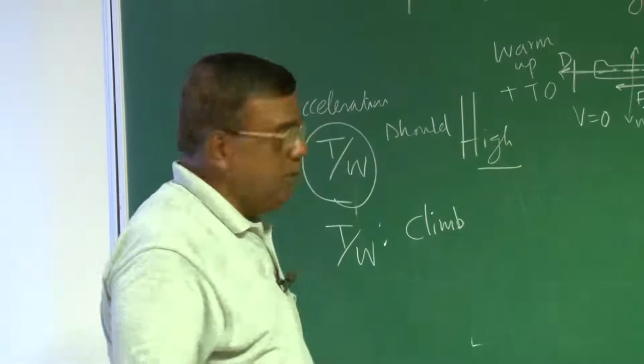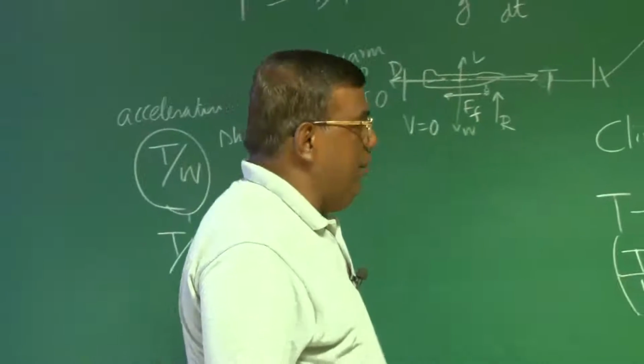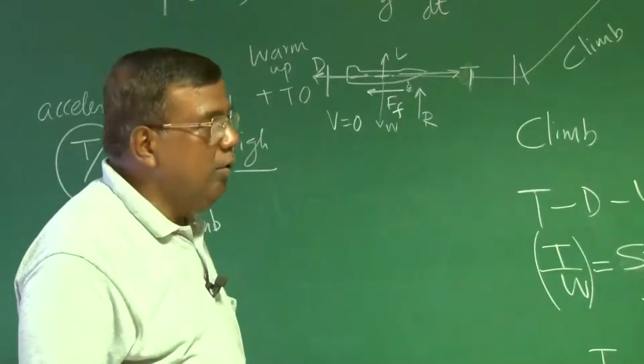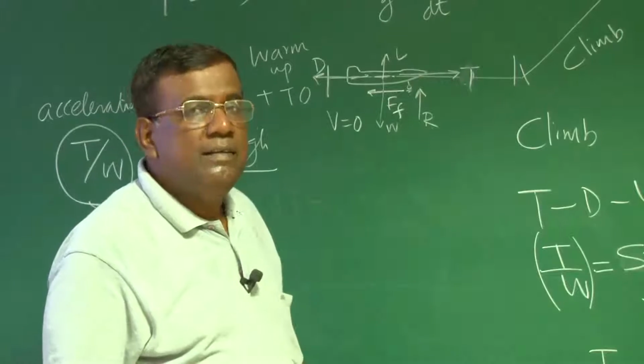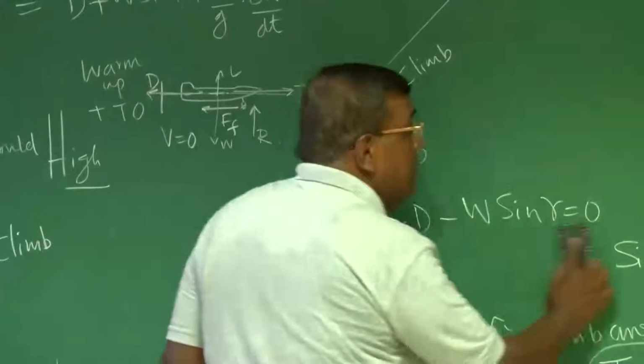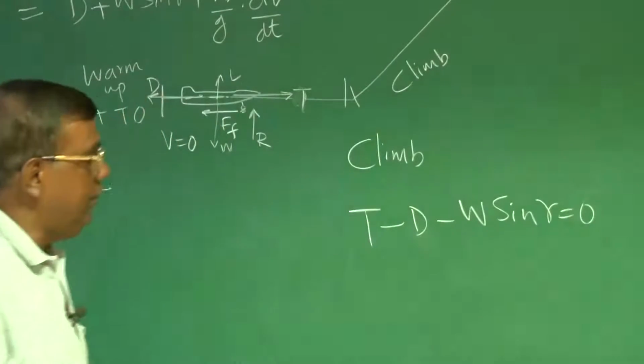But somebody may ask me a question: when I am writing T/W, am I only talking about jet engines? What about propeller driven IC engines or prop engines? The answer is simple, nothing new is required, and you are familiar with this.